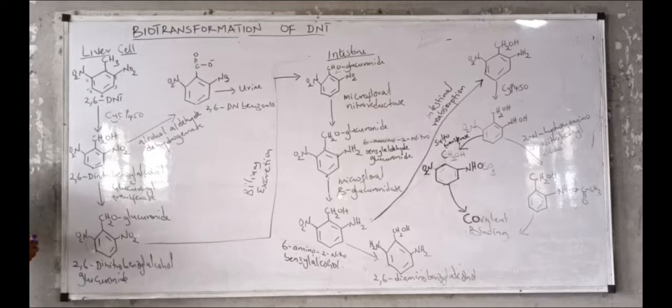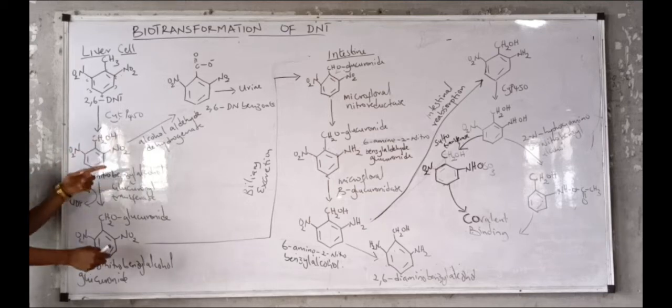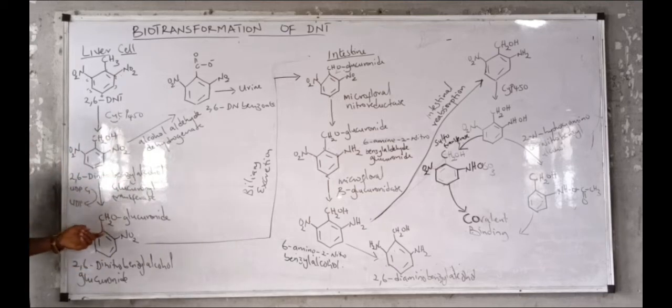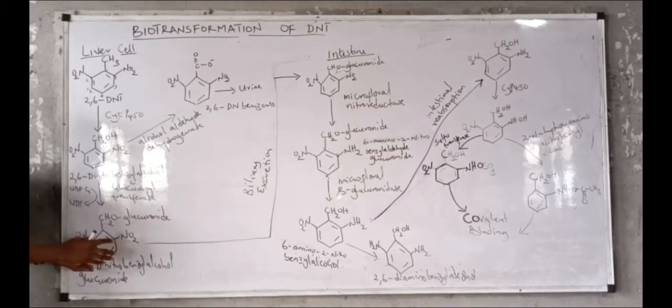So we transfer glucuronate from UDP glucuronate, right? So you can indicate it as UDP glucuronate. And what will be going off is UDP, right? So the glucuronate now attaches to this. And remember, when it's attached, you no longer call it glucuronate, but you call it what? Glucuronide. So we now have 2,6-dinitro-benzyl alcohol glucuronide. Just the name of this, then you add glucuronide as a conjugate.